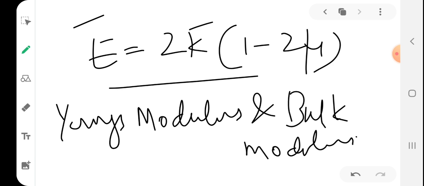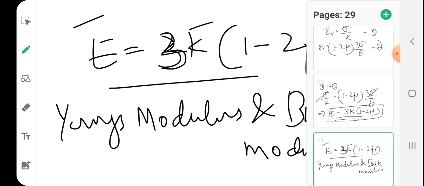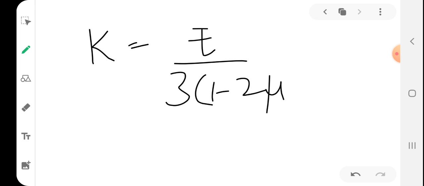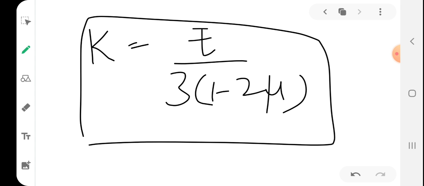So E, K and mu are related by this particular equation. Sorry, this is 3, okay. So here you can also write k equal to E by 3 into 1 minus 2 mu. It's also a very important equation.